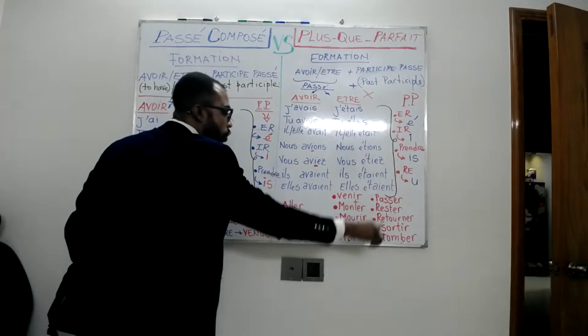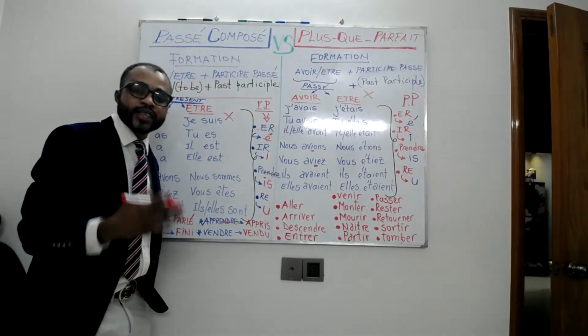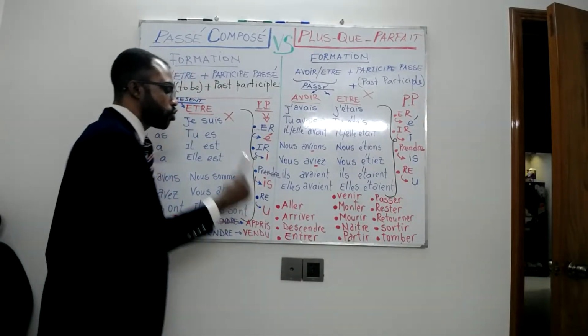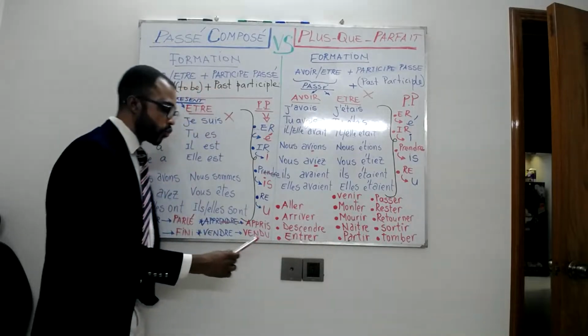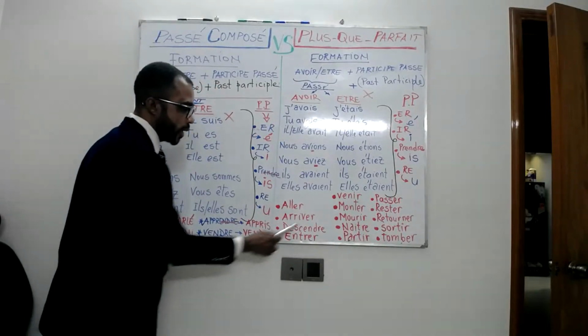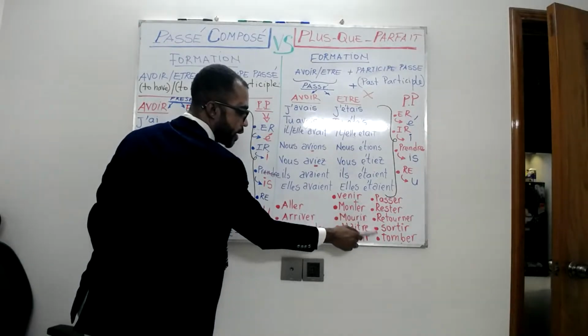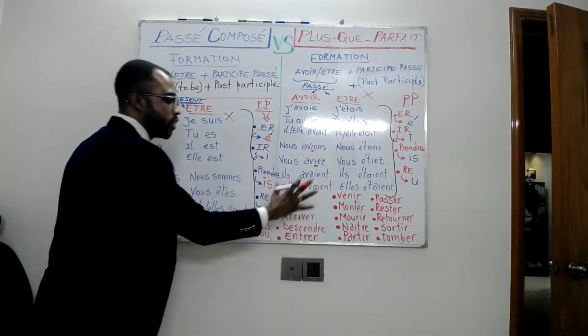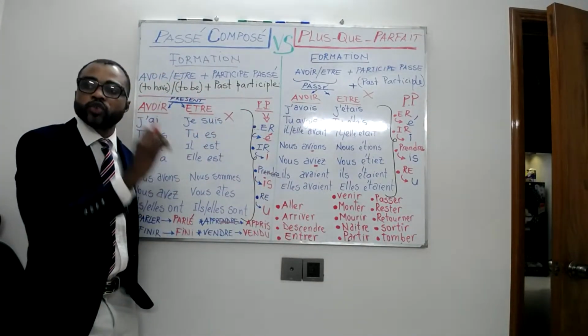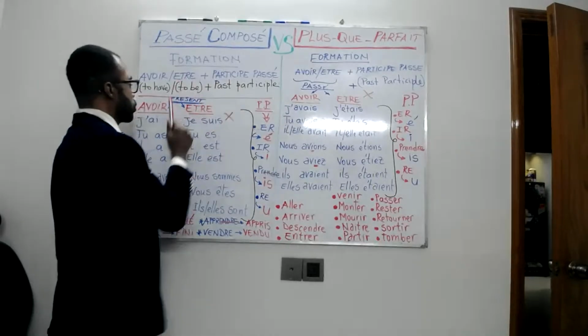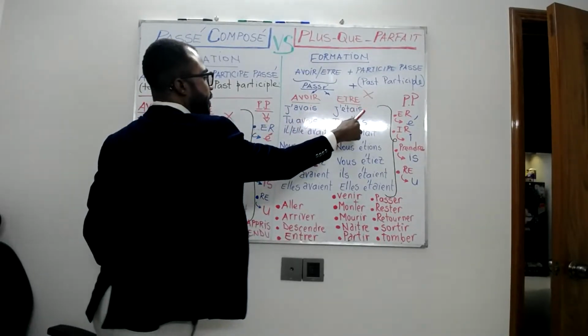We call these verbs movement verbs or action verbs. Mostly we use je suis with these 14 verbs: 1, 2, 3, 4, 5, 6, 7, 8, 9, 10, 11, 12, 13, 14. So we have 14 verbs that we can use with je suis or j'étais.